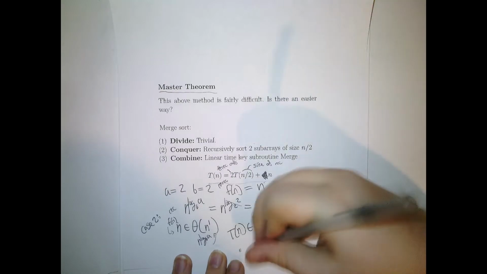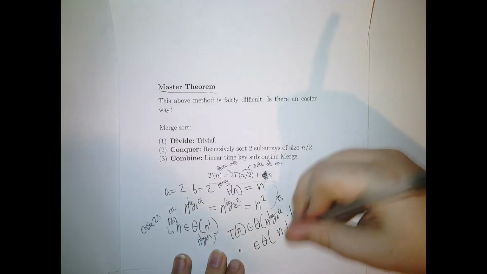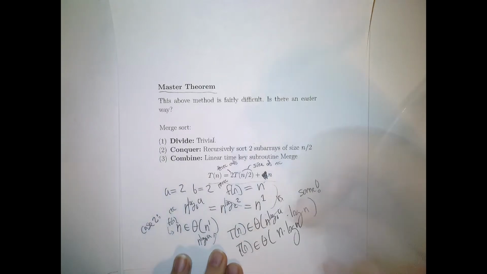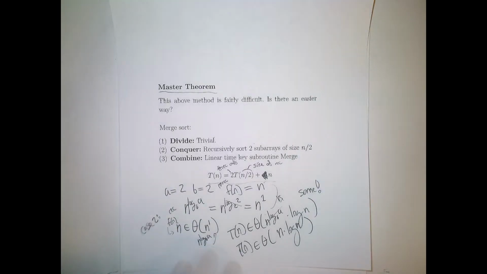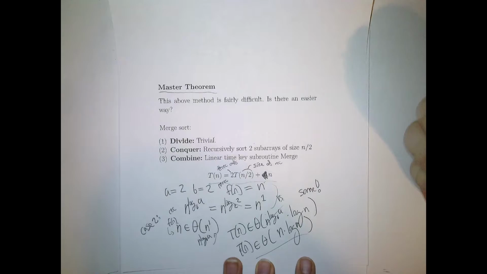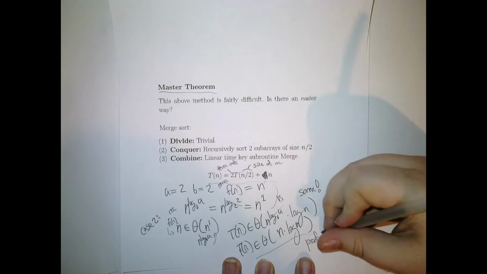Well, if we work that out, this is just n. So there we go. T of n is in theta of n log n. Proved, right? Once you're done with the master theorem, you're done. This is also a proof.